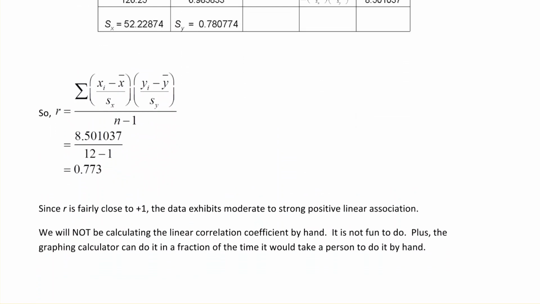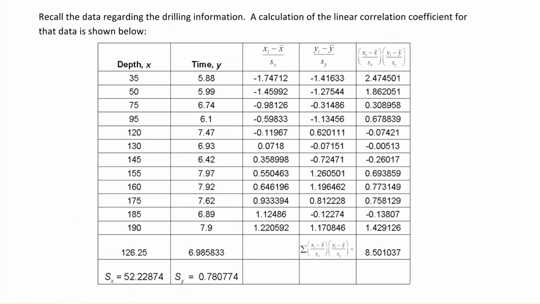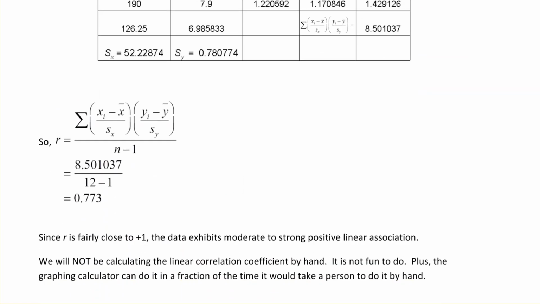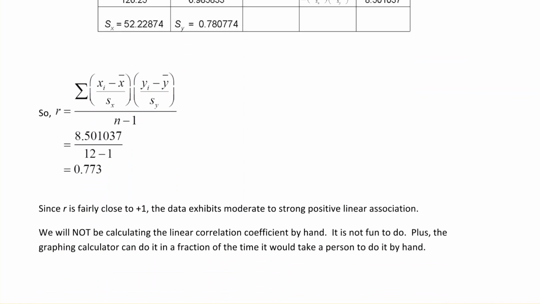So for this data, this is the rock drilling data we looked at earlier. For the rock drilling data, even without looking at a scatter plot, we can see that R is 0.773. So without relying on a scatter plot, we can determine that since R is fairly close to 1, the data exhibits a moderate to strong positive linear relation.